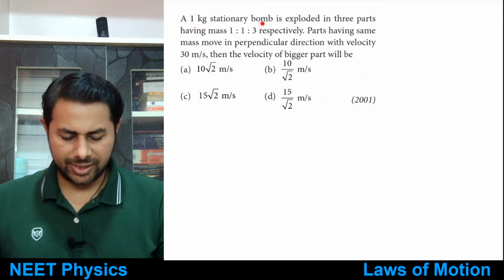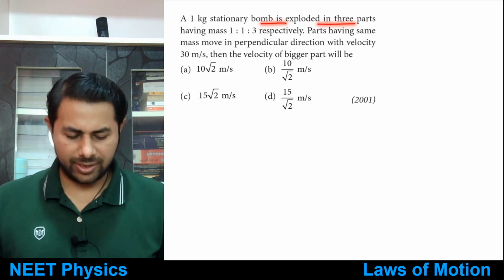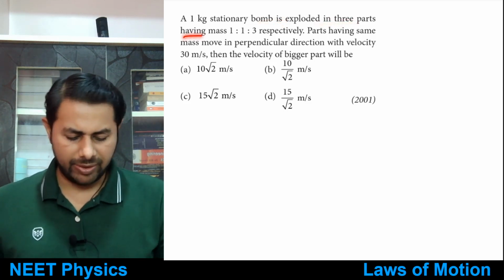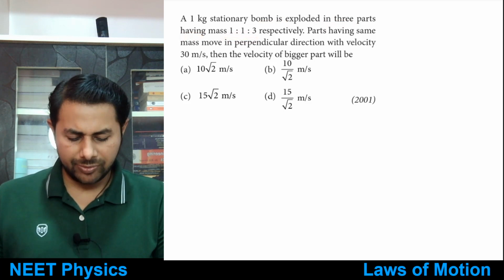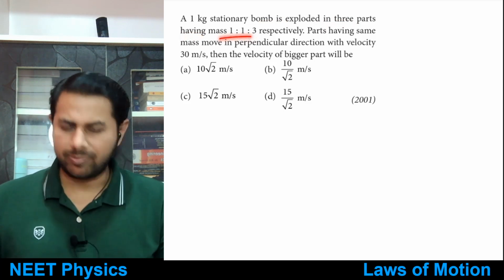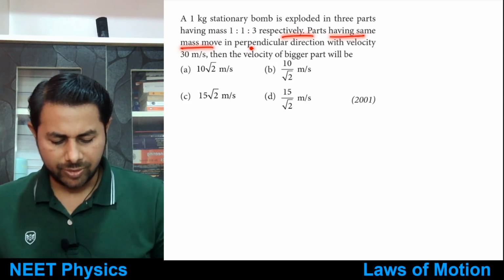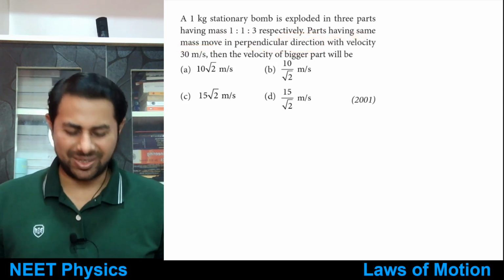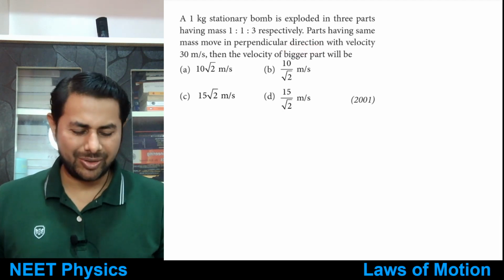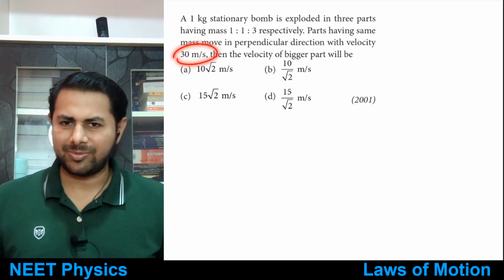A 1 kg stationary bomb is exploded into 3 parts having masses in the ratio 1:1:3 respectively. The parts having the same mass move in perpendicular directions with a velocity of 30 meters per second.